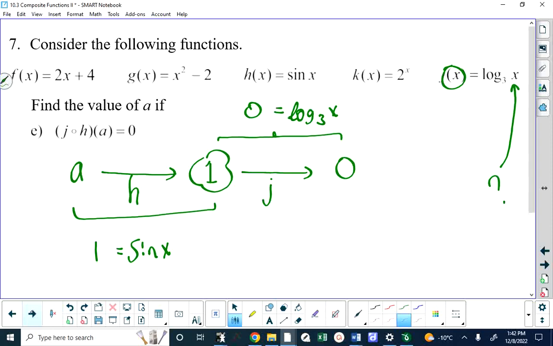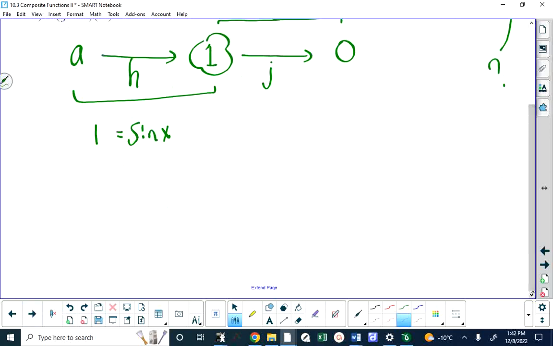Only one location at the top, but because trigonometric functions are periodic, it's not just pi over 2. It's any coterminal angle to pi over 2.